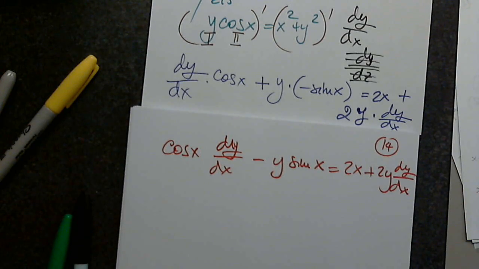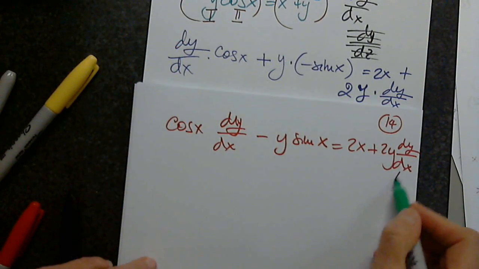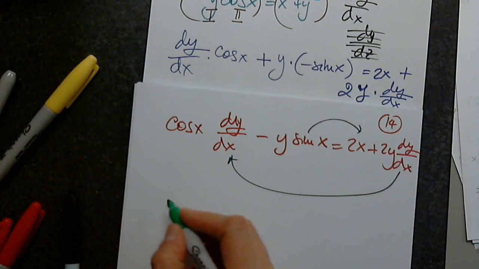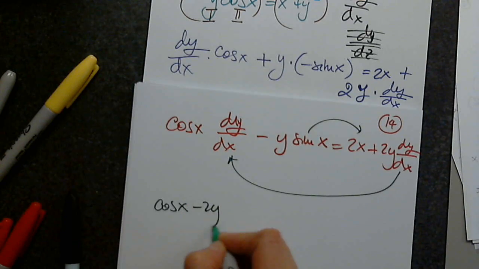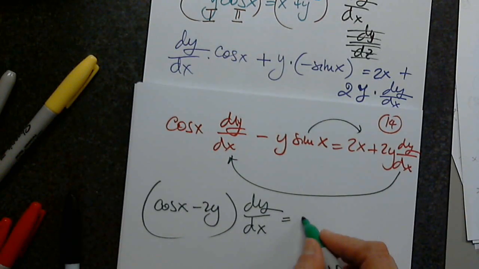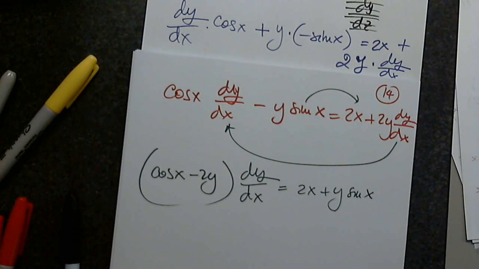Which means this term has to go there, and that term has to come here. When I move this term to this side and this to this side, I change its sign. So (cosine x minus 2y) times dy over dx equals 2x plus y sine x.